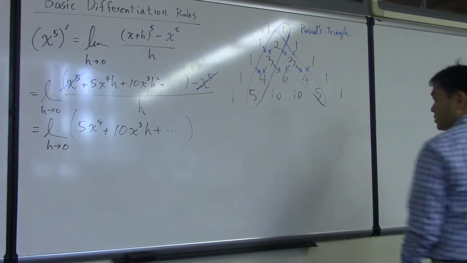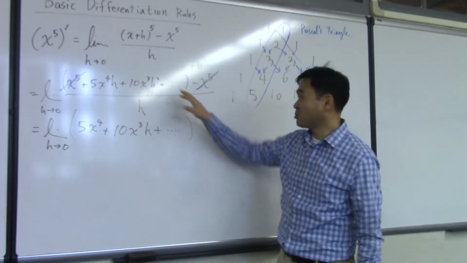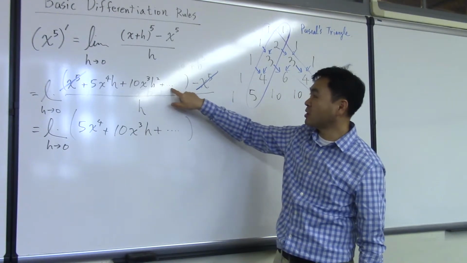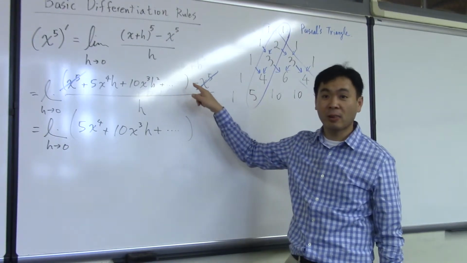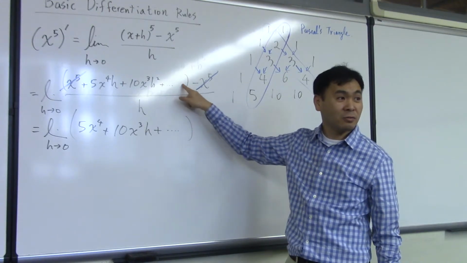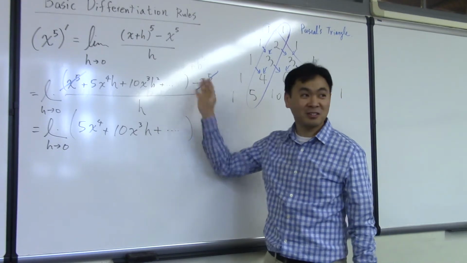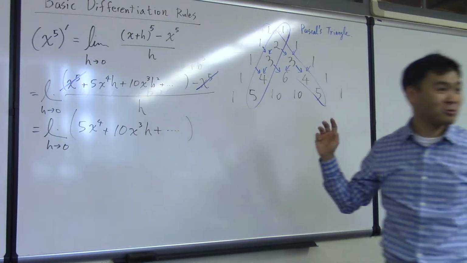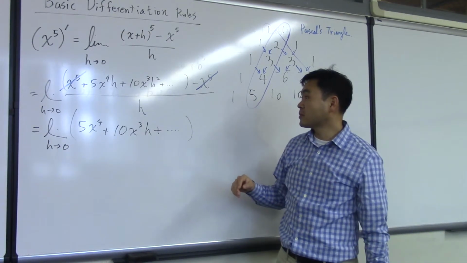And because I was too lazy to write these down, you have to use your imagination to think about what's going to happen here. Okay? What's the power of h here? The very next term has h to what power? 3rd power, and then 4th power, and the 5th power. So I just didn't bother to write 3 more terms there. Wouldn't it be x to the 3rd and x to the 2nd?